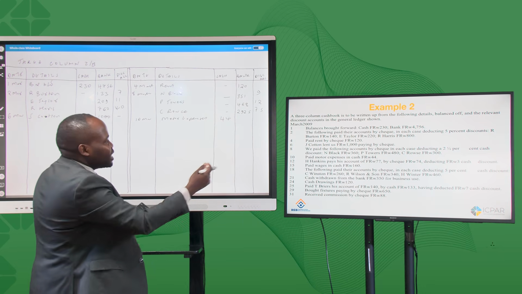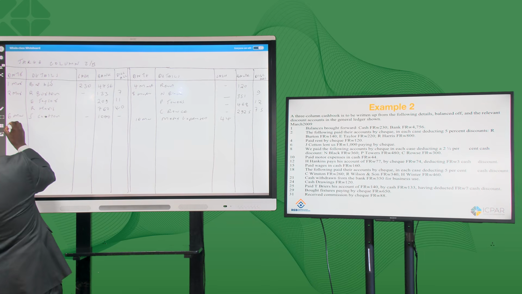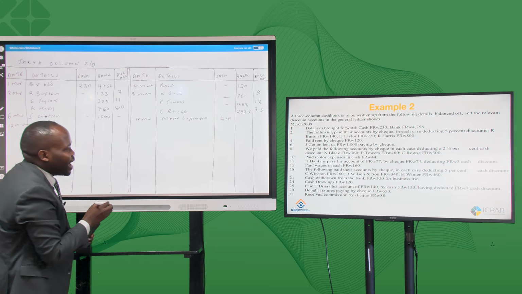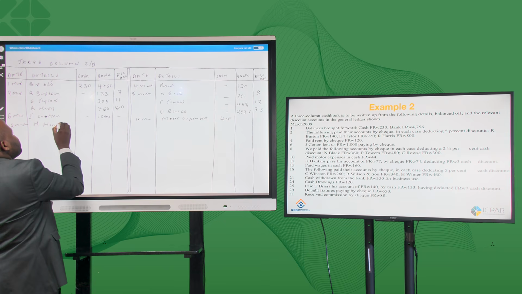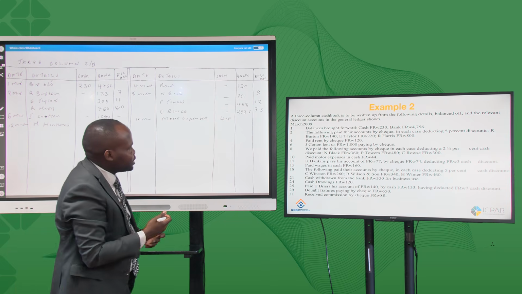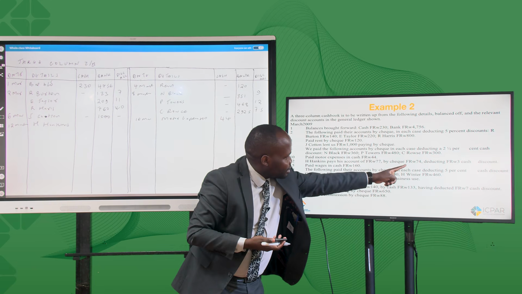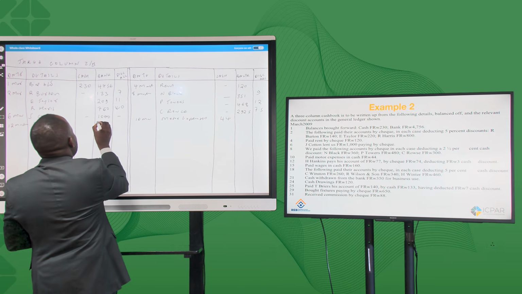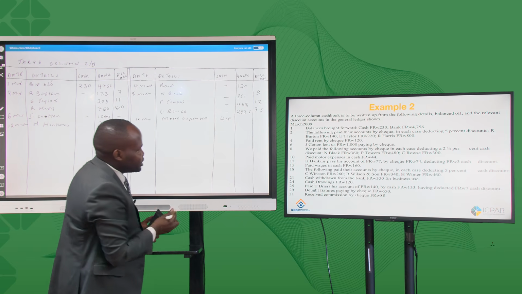So 12th March. H. Hankins pays his account 77 by check 74 and deducting 3. So 74 was by check and 3 was discount.